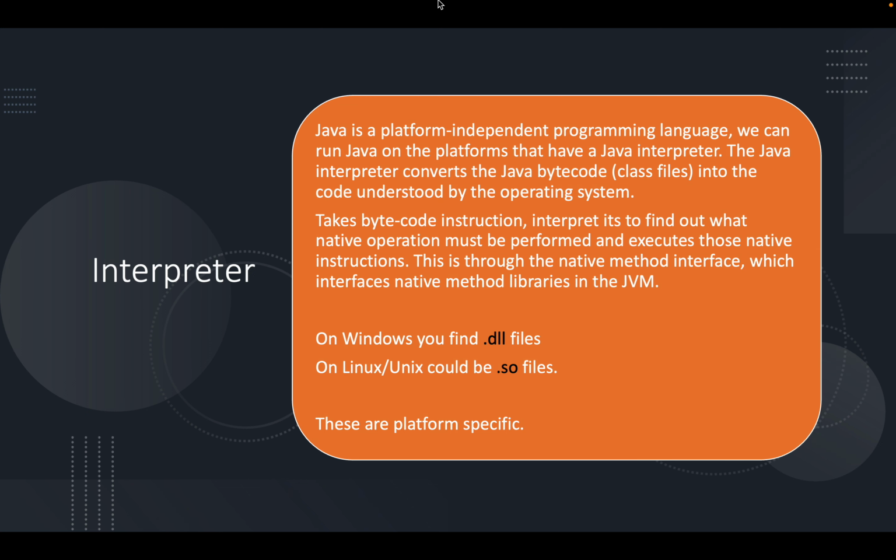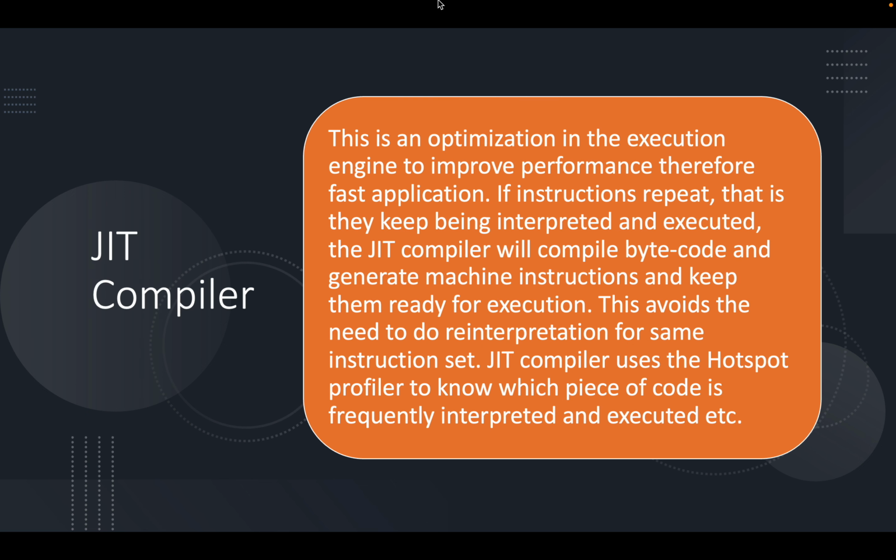And if you look at your Windows environment, you will see that we have DLL files inside one of the Java home directories. Then if you are on Linux or Unix, you will see .so files, and these are platform specific.